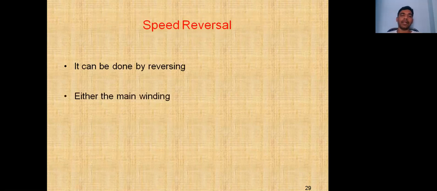Speed reversal can be done by reversing either the main winding or the auxiliary winding, but not both.